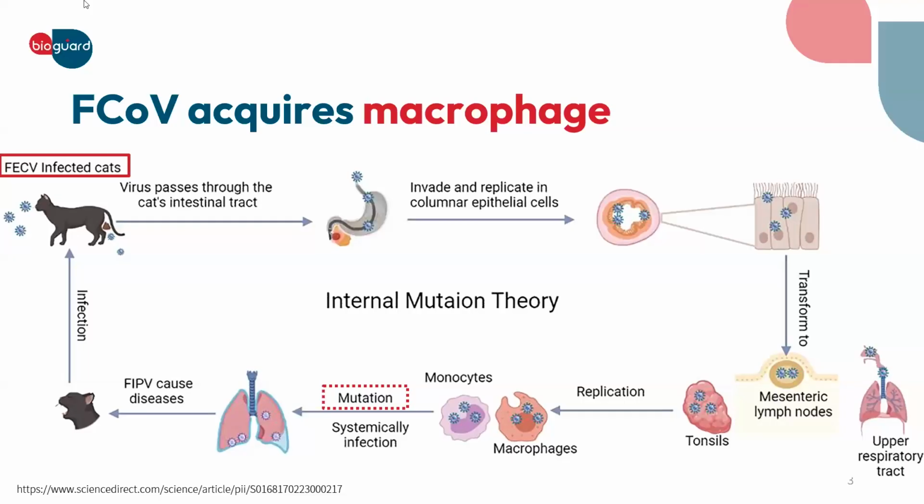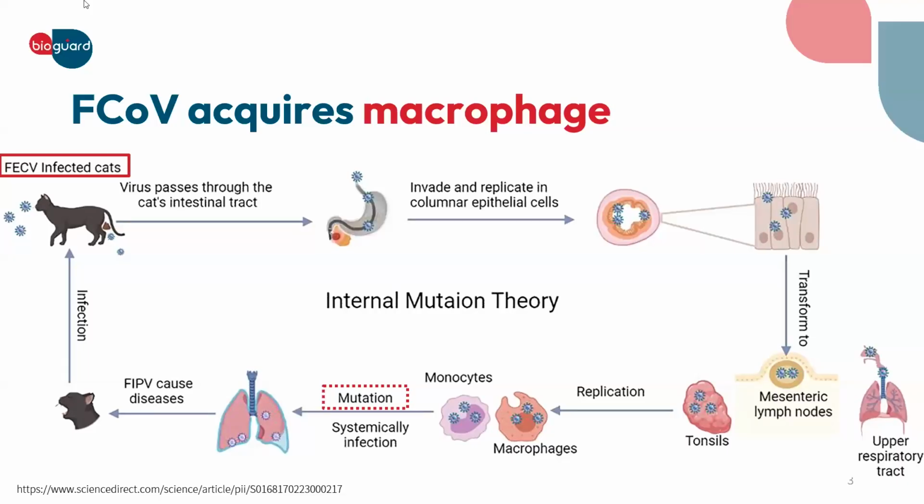When this situation happens, the virus is referred to as FIPV, Feline Infectious Peritonitis virus. That's why the name changes, because of the mutations occurring in the feline coronavirus.